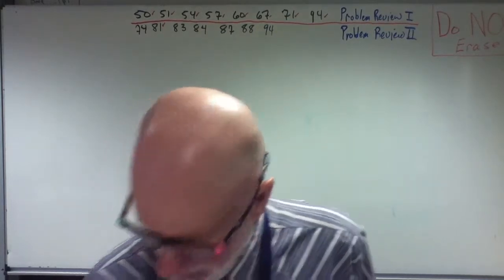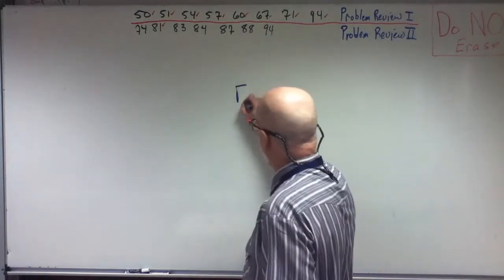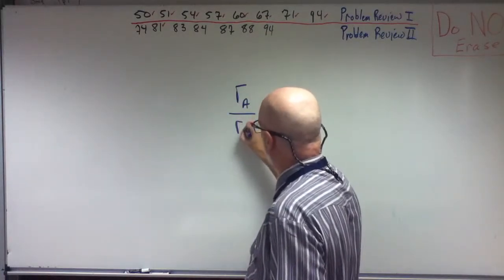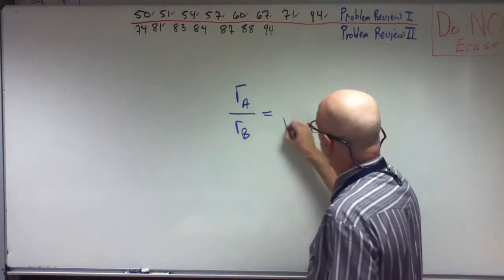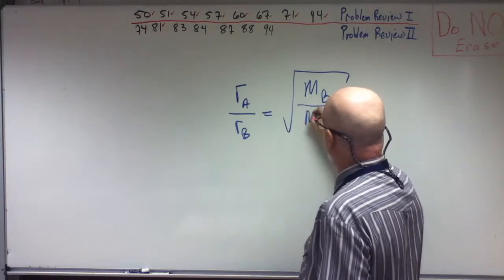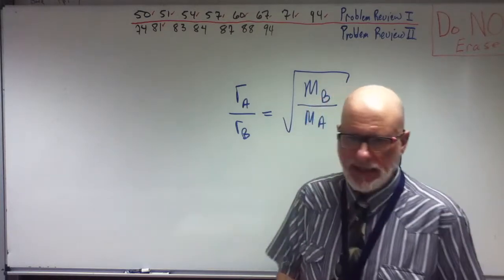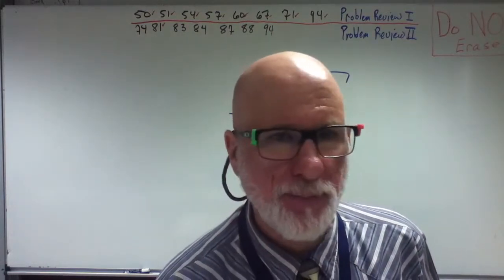All right, so it's going to be the rate of A over the rate of B equals the square root of the molar mass of B over the molar mass of A. Does that make sense? Yes or no? Yeah. Not exactly what I have on the PowerPoint, but close enough. Clear?